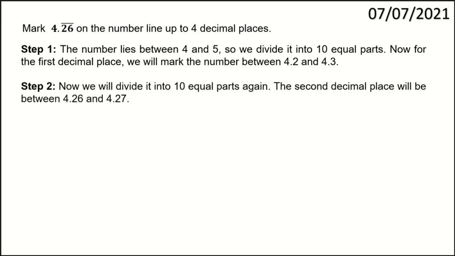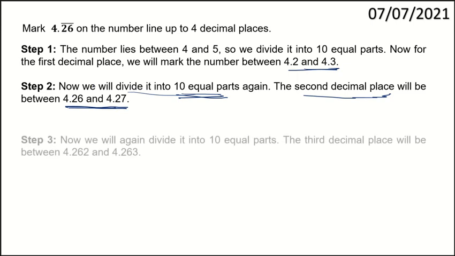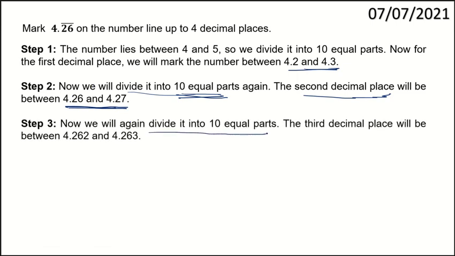In the second step, that 4.2 and 4.3, this portion is magnified and divided into 10 equal parts. For the second decimal place, we will further get into 4.26 and 4.27, where that portion is to be magnified and divided into 10 equal parts.